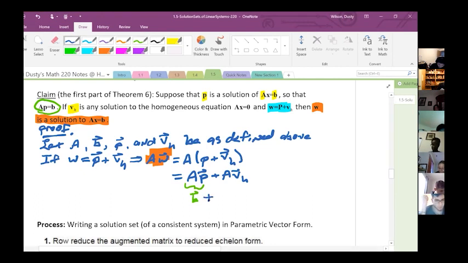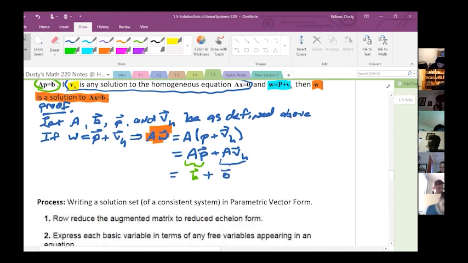And then what's Avh equal to? vh is a solution to the homogeneous equation, so Avh must be 0. So this whole thing is equal to just b. Therefore, we can state our conclusion: we have that w is a solution to Ax = b, which is what we were trying to show.